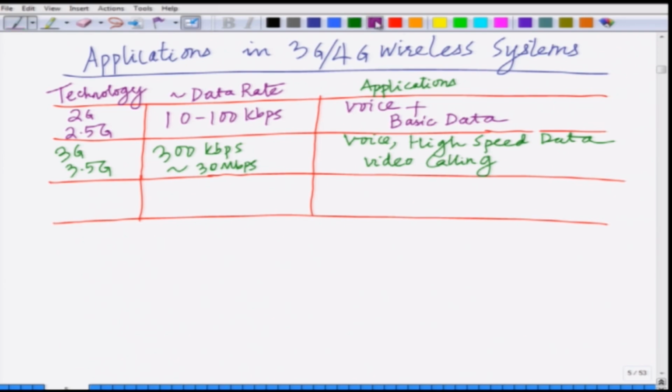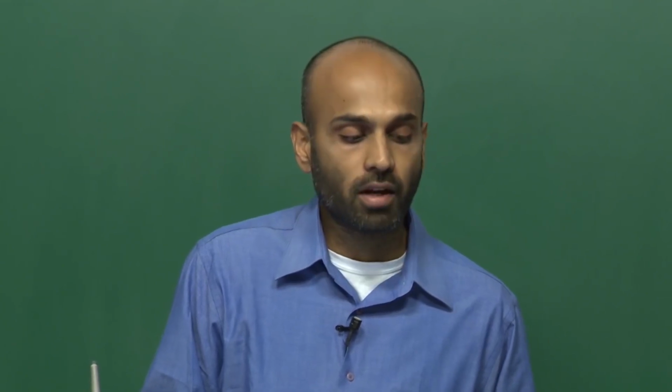And further, this has led to 4G, and in 4G we have data rates in excess of 100 megabit per second, and this has led to a plethora of applications such as online gaming, which requires fast transmission of high definition video between multiple players who are participating in this gaming application.